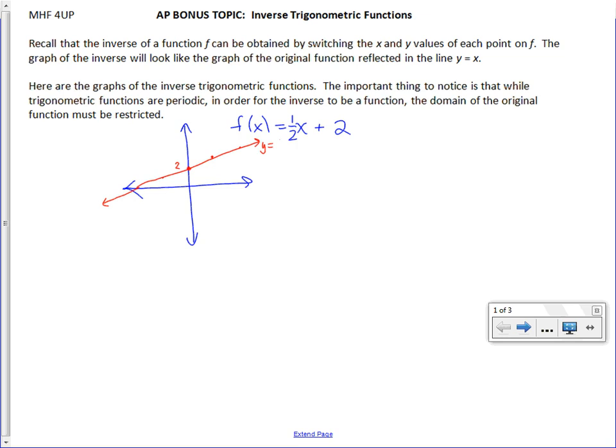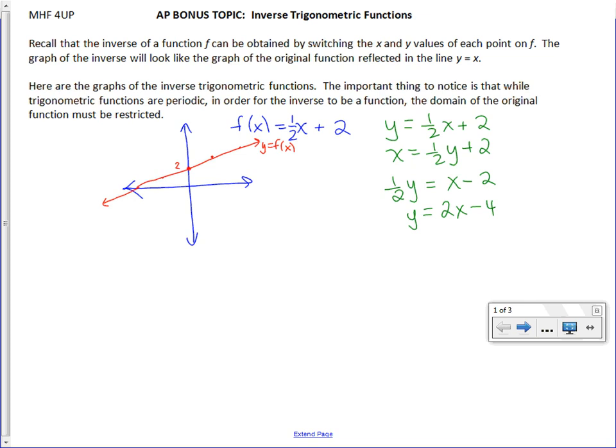So there's y equals f of x. Now, if I wanted the inverse of this, what was the algebraic strategy for finding inverses, guys? You switched x and y. Okay, and then if you isolate y here, you would get y equals 2x minus 4.